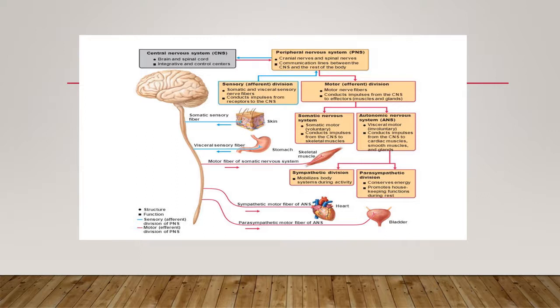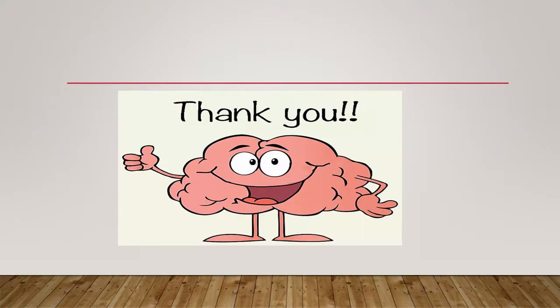Okay, and which again is divided into somatic and autonomic. Somatic means voluntary, which we can do by ourselves, and autonomic means which is involuntary, which is not in our hand. Okay, sympathetic and parasympathetic is being deleted from your syllabus. Thank you. The brain is saying thank you so much.